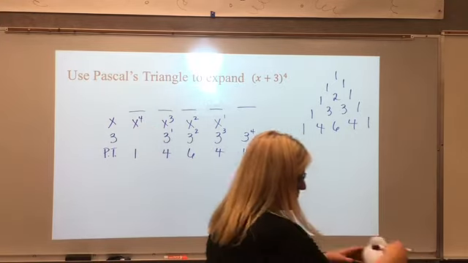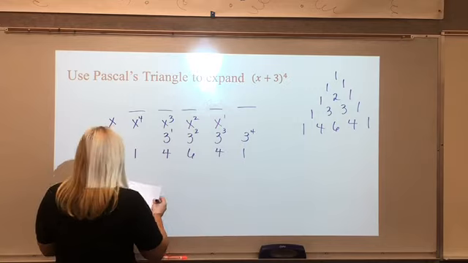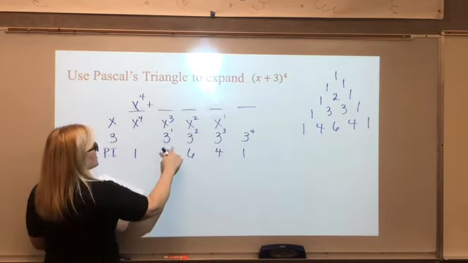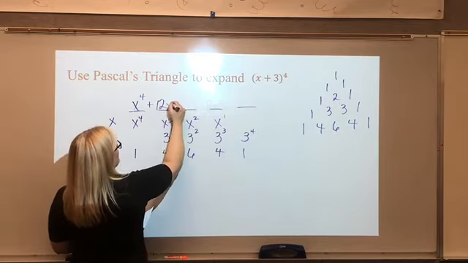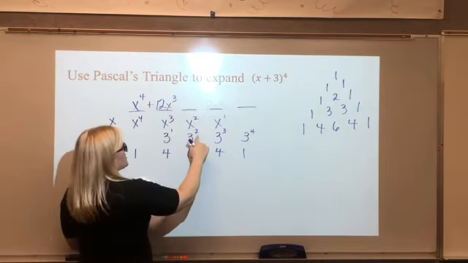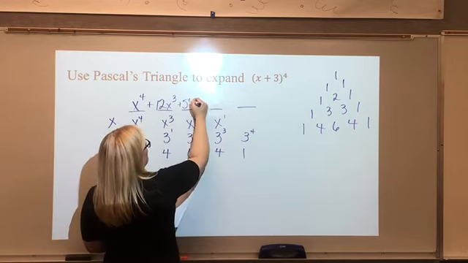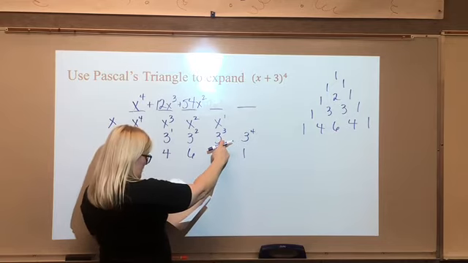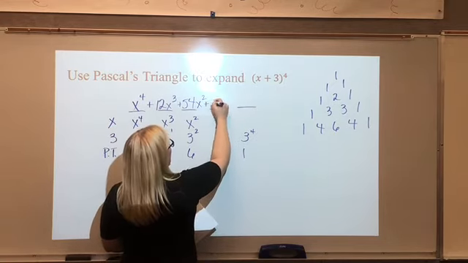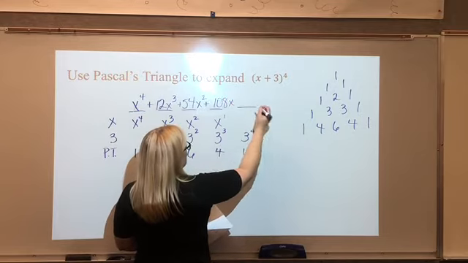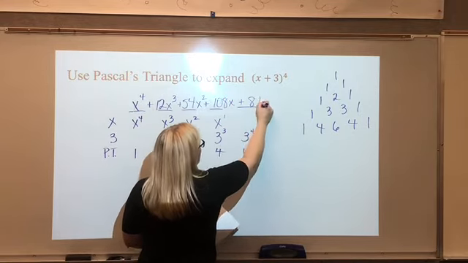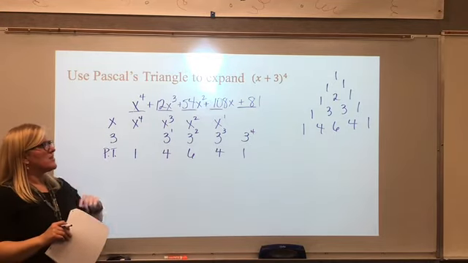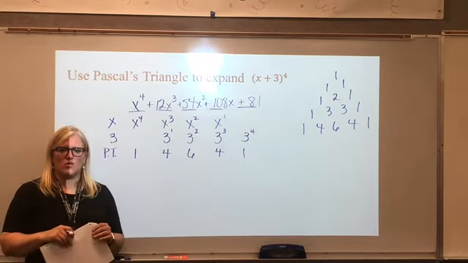So 1 times x to the 4th is x to the 4th, plus 4 times 3 is 12, x to the 3rd. 6 times 9 is 54, x squared. 4 times, well, 3 cubed is 27, times 4 is 108, x plus 81. Okay, so that is your x plus 3 to the 4th power.